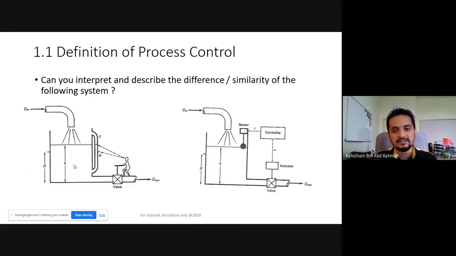A fluid in a vessel, and here we have a human trying to open the valve, whereas here we have some additional equipment to control. Take one minute to digest these two. What are the differences and the similarities between these two? I will probably ask one or two of you for your opinion and feedback.